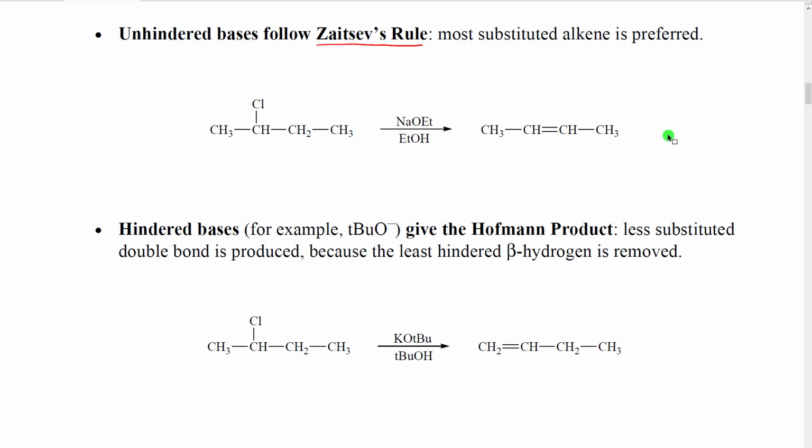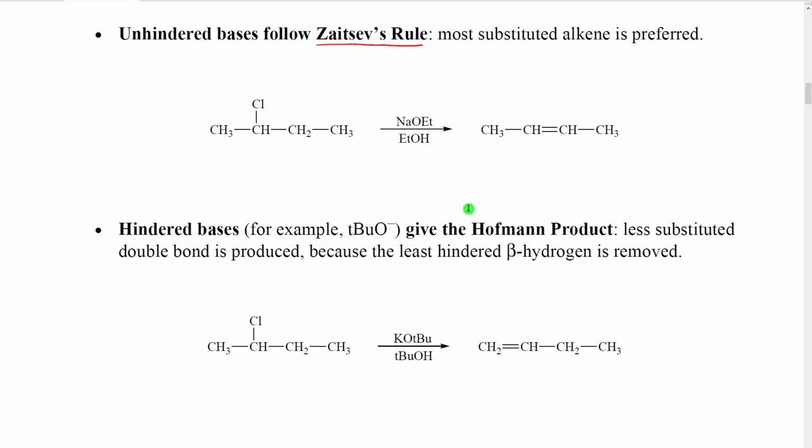However, it turns out later, another chemist, a man named Hofmann, who's a German chemist, studied these and experimented with different bases. And what he found was, if he used bases that were sterically hindered, an example of this would be t-butyl O-, where the O- is the atom that's going to act as the base, but it has attached to it this very large and sterically hindered t-butyl group.